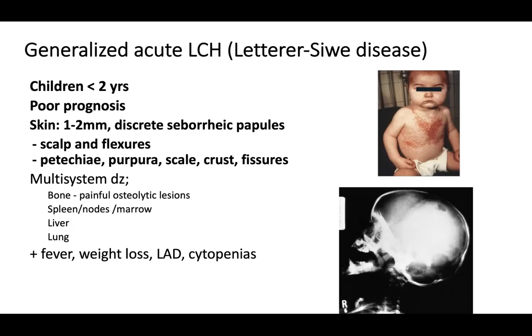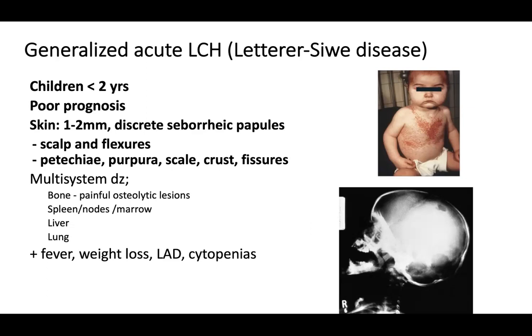Scale, crust and fissures you can see in a lot of things clinically. So even seb derm or diaper dermatitis or atopic dermatitis, contact dermatitis on top of atopic dermatitis. So that's not really that helpful clinically, but you will see it.